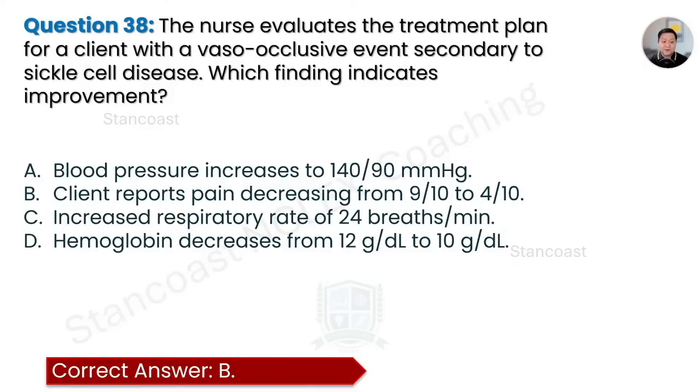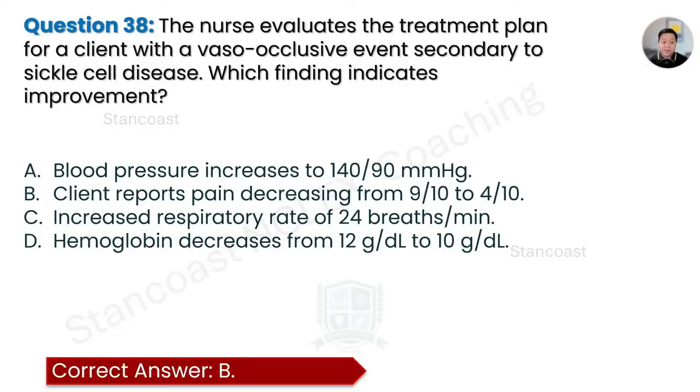For letter A, this is incorrect because the blood pressure is not a key indicator of improvement in a vaso-occlusive event. And hypertension could indicate another problem. This is a high reading right here, 140/90. Letter C is incorrect.